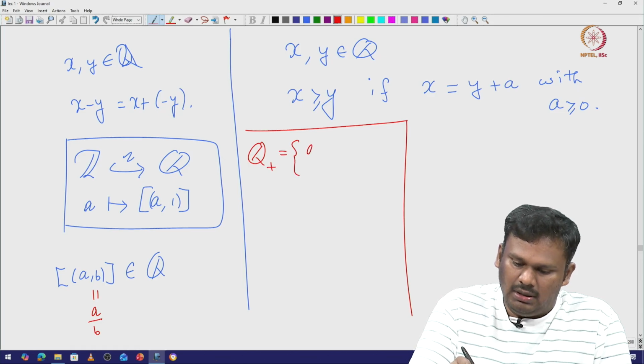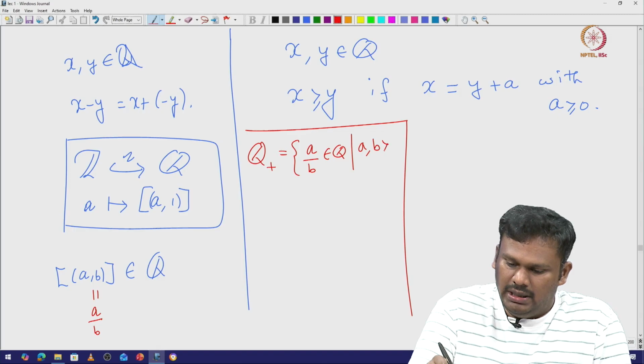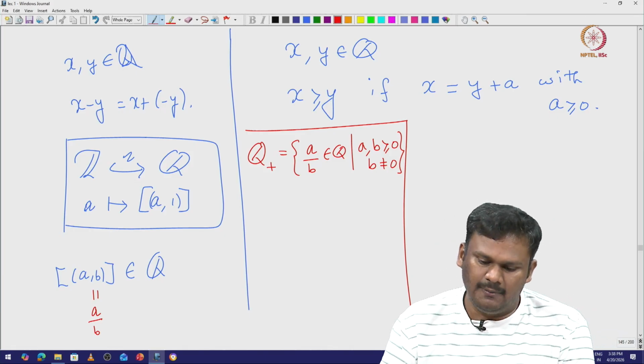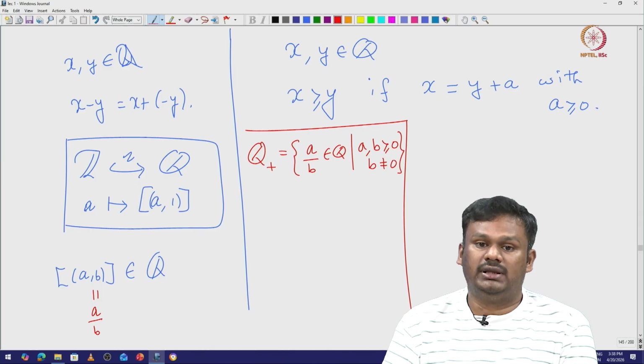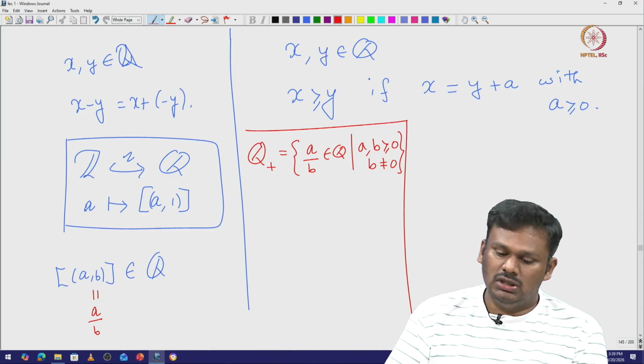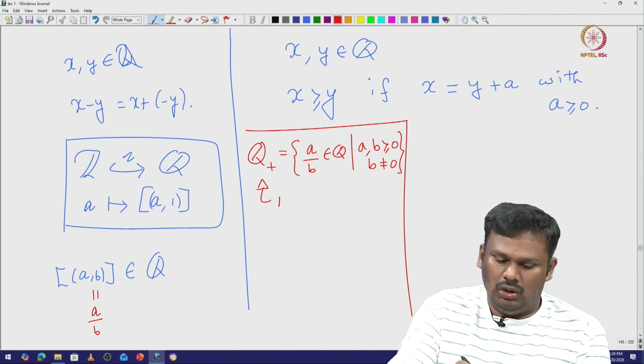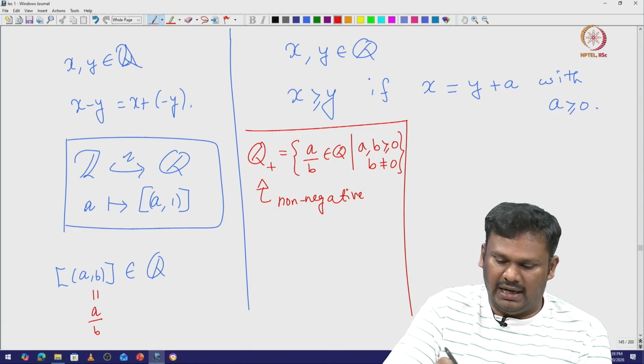This is all possible a by b inside Q such that both a and b are non-negative, and of course b is non-zero, otherwise we will not be able to define a by b. So, in this case we can define what are called non-negative rational numbers.